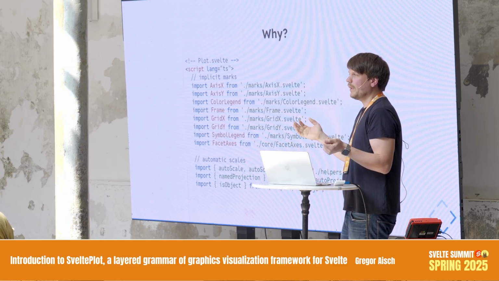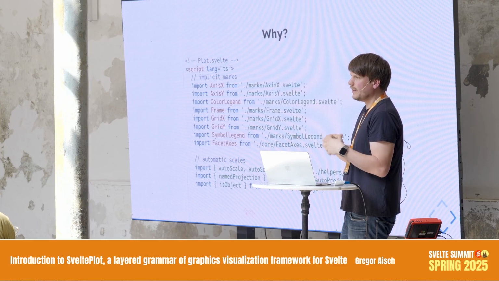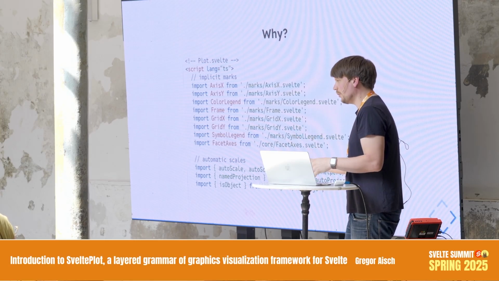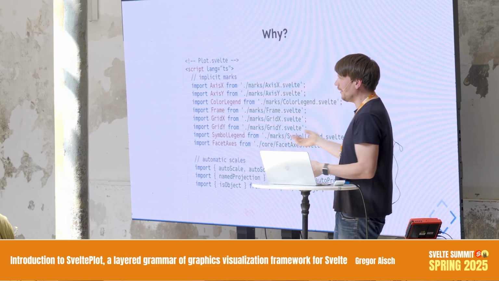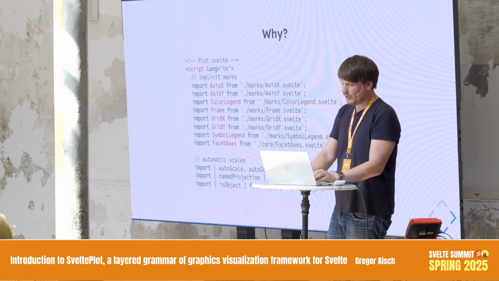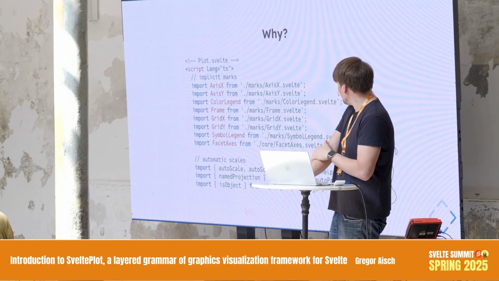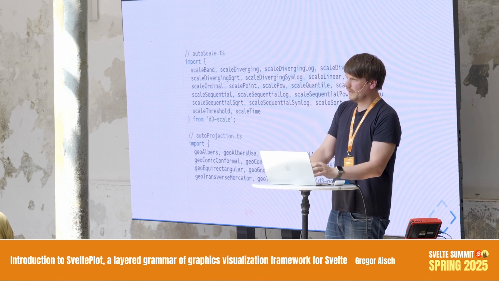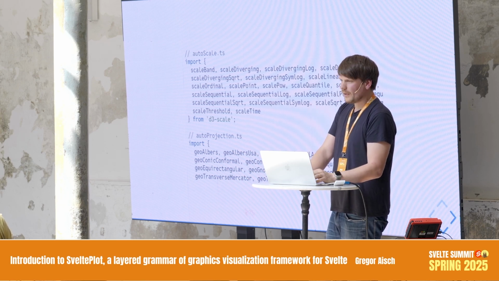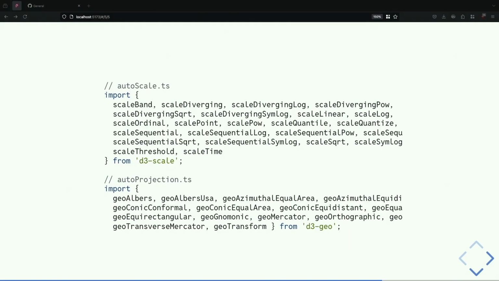So if you pass in data that has dates and you map the dates to a positional scale, it will use the time scale, but it has to import all of the stuff before, and if you look at the auto scale, it looks like this. I have this huge import statement, and right now this cannot be tree-shaken away because it's dependent on the data.